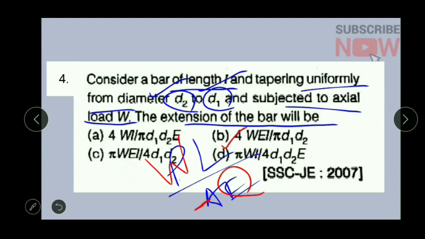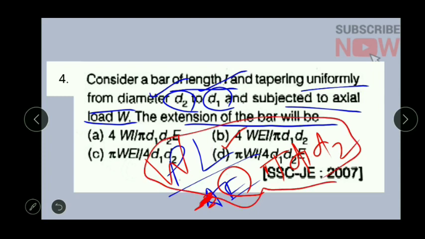So here, calculating A, it can be calculated as pi by 4 d1 d2. So the extension of the bar can be calculated by, that is, pi by 4 d1 d2.